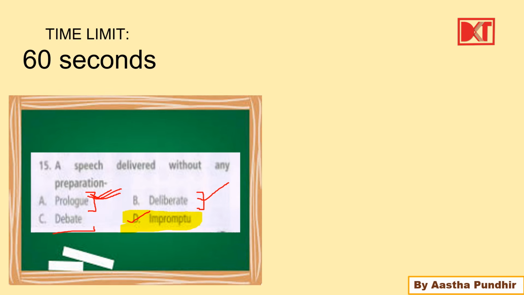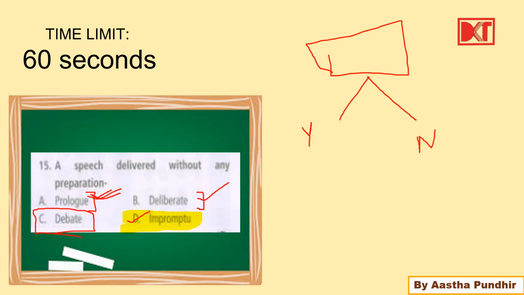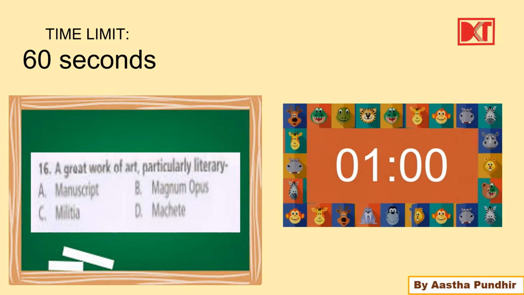Debate, the part where you argue for or against a topic. For example, if there is a topic like capital punishment, whether you are in favor or not. If you support capital punishment, you are on the yes side, and the other side is the no side. So in the debate, you argue from one point, either yes or no. All right.